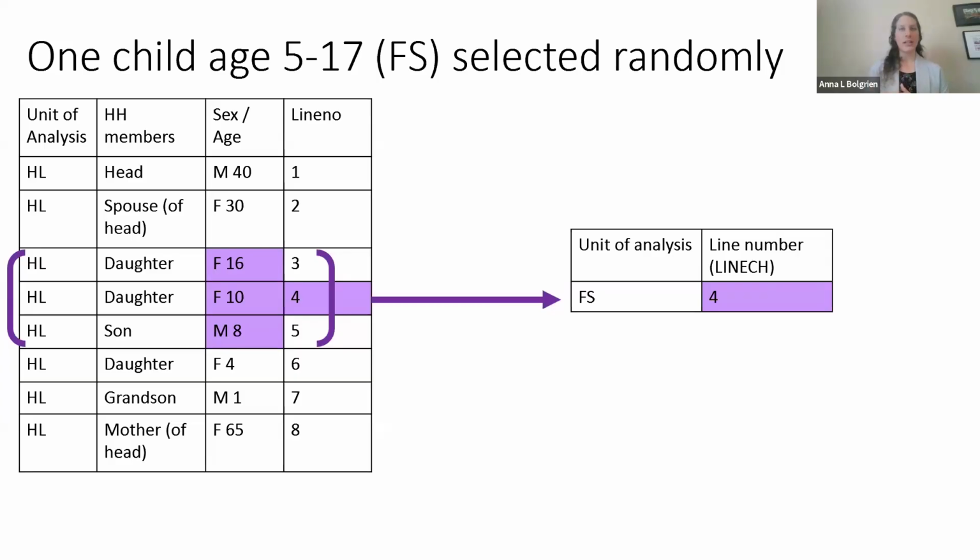One of those children is selected to be in the adolescent file. And so in this case, the 10-year-old daughter is present in the FS, 5 to 17-year-old adolescent data file. And you can see that the line number 4 is matching the line number from the household for this child in line 4.